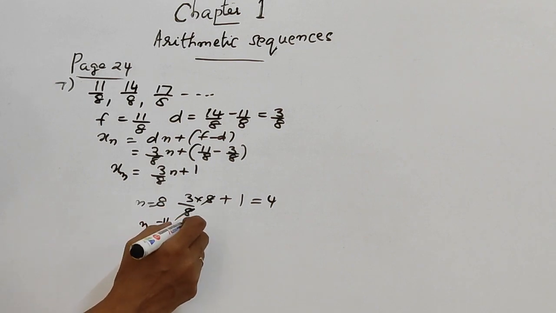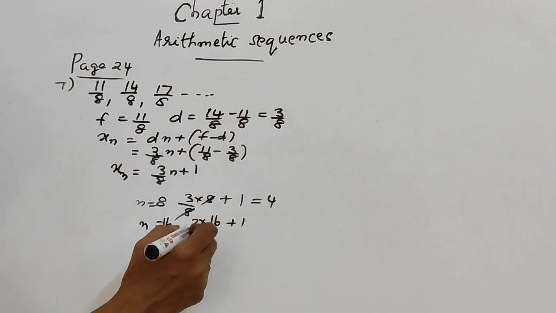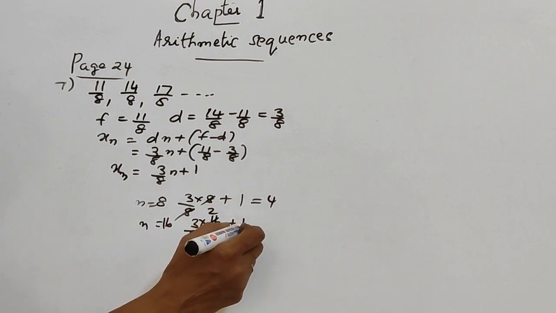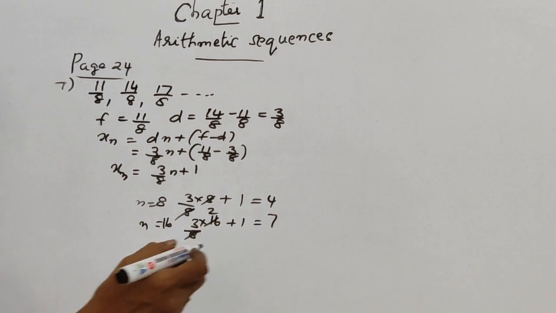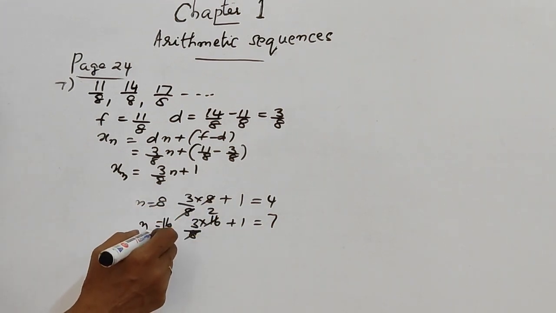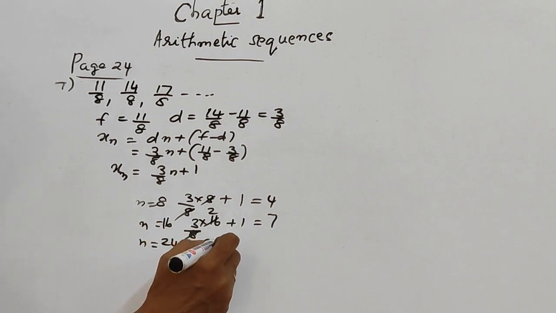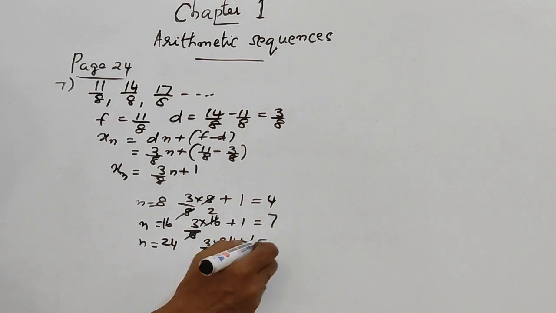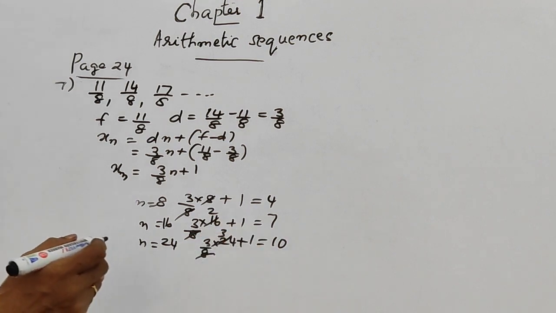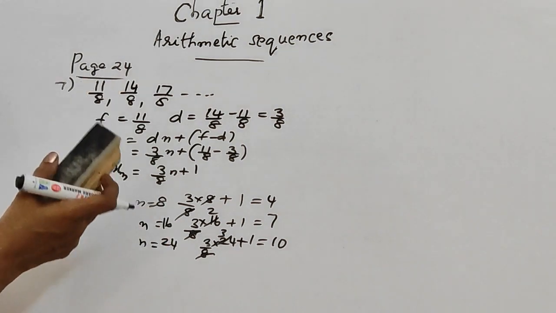Next is 16: 3 by 8 into 16 plus 1, 3 twos are 6, plus 1, 7. Next is 24: 3 by 8 into 24 plus 1, 3 threes are 9, plus 1, 10. So we get 4, 7, 10, this sequence. They are whole numbers in this sequence.